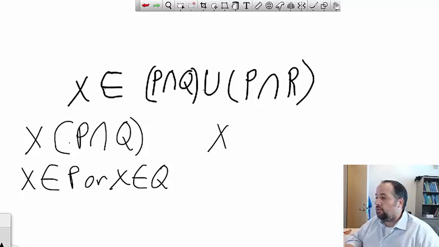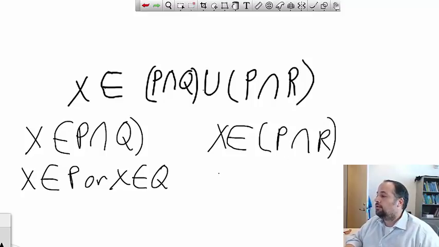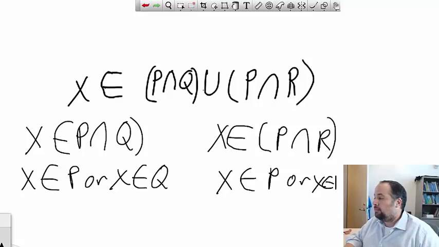That means that X is a member of P intersection R, which means that X is a member of P, or X is a member of R.